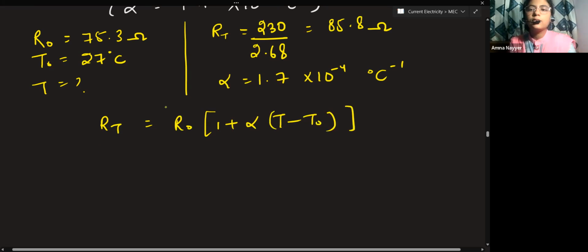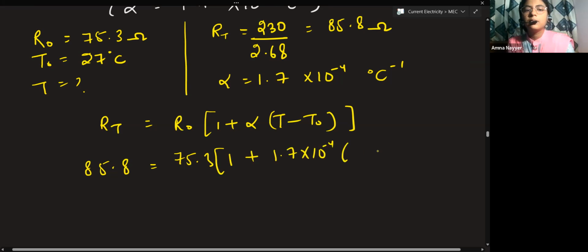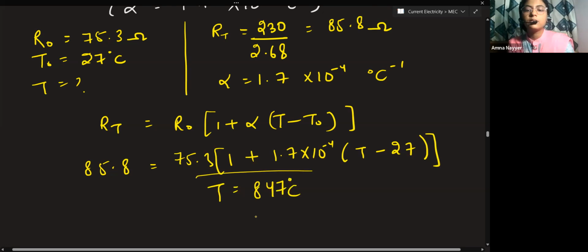So put everything in this formula: 85.8 is equal to 75.3 (1 plus 1.7 into 10 to the power minus 4 times (T minus 27)). Once you solve this, you will get the answer approximately 847. Okay, noted down.